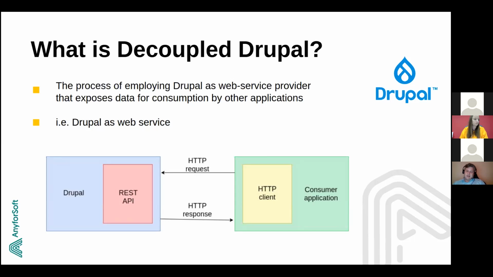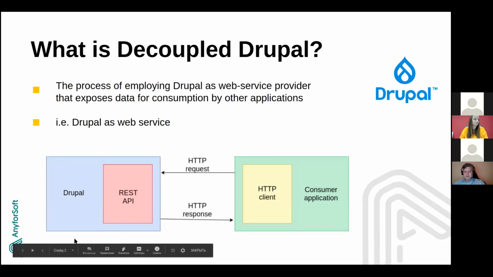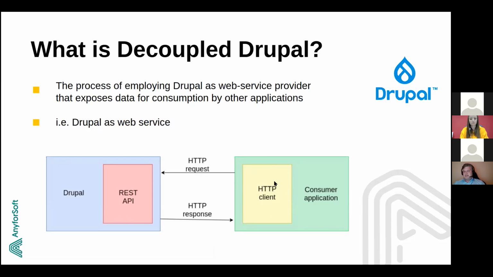As we can see on this diagram, this is a typical decoupled application. On the backend side, we have Drupal, which uses a REST API to exchange data. At the consumer application, we have an HTTP client, which also exchanges data.